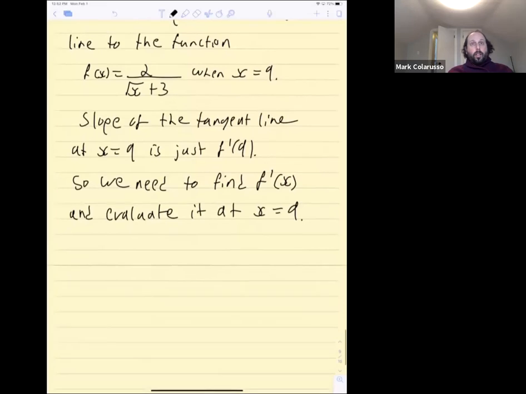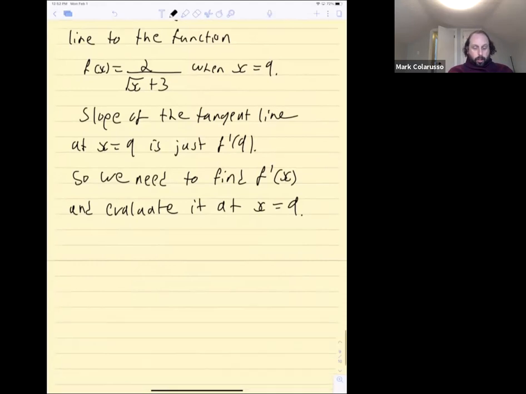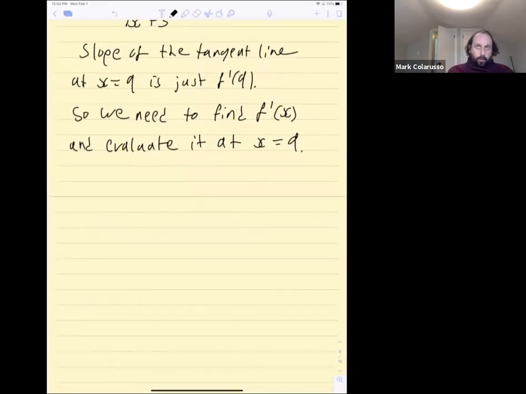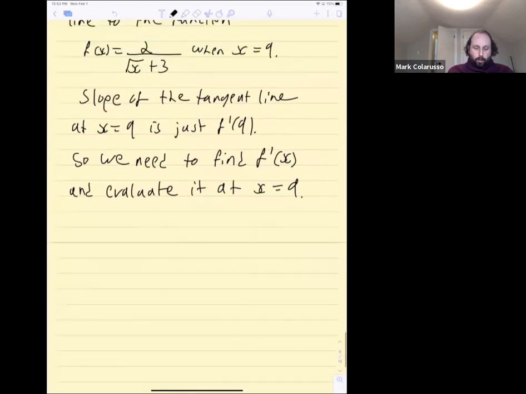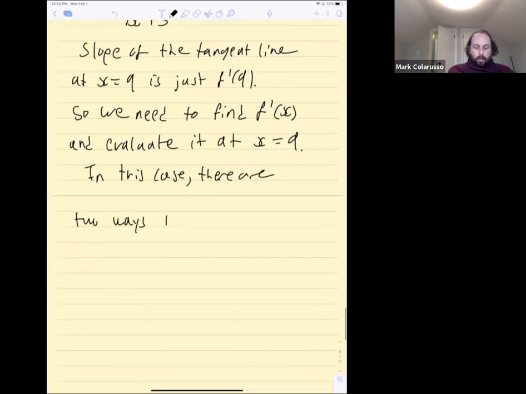Now there are two ways to find f prime. You can use the quotient rule, and if you use the quotient rule, you don't have to use the chain rule, or you can use the chain rule. Because the quotient rule is messy and we're practicing the chain rule, let's do this using the chain rule. There are two ways to find f prime at x.